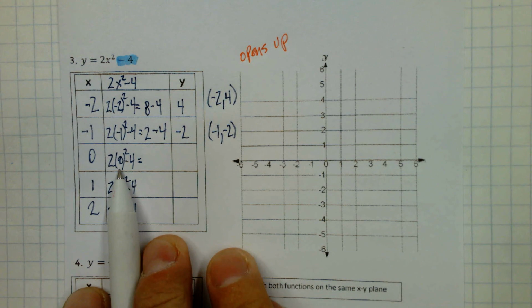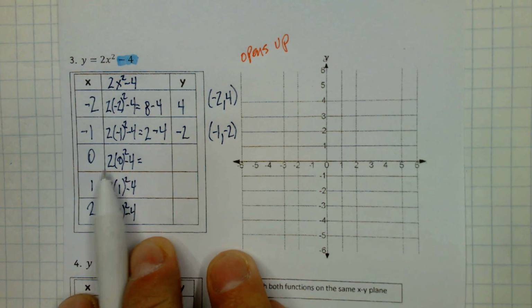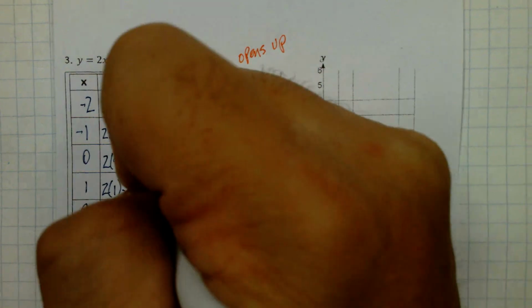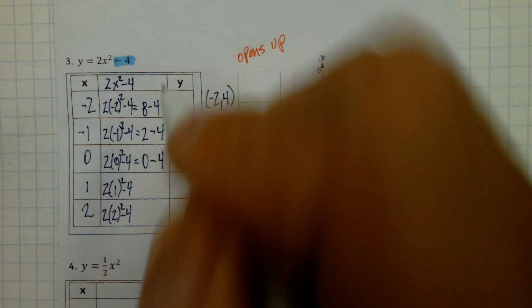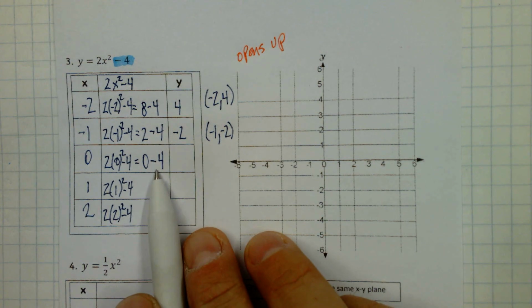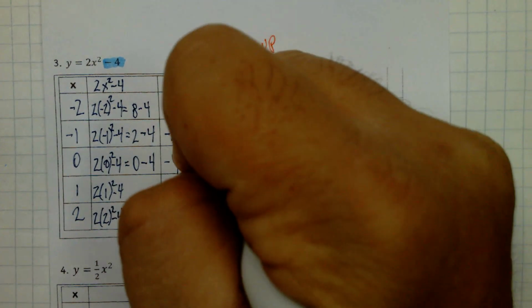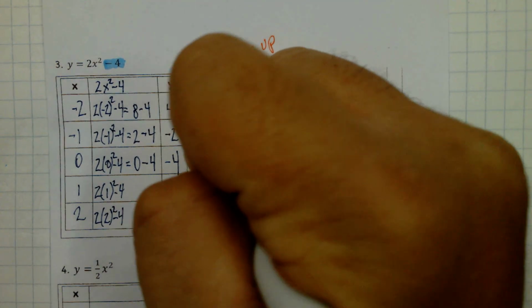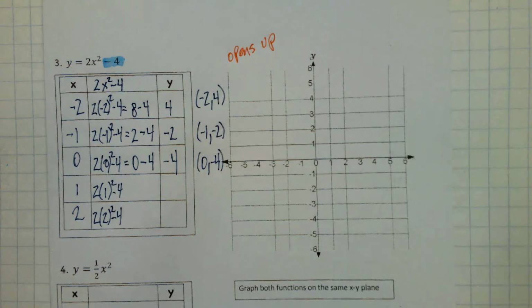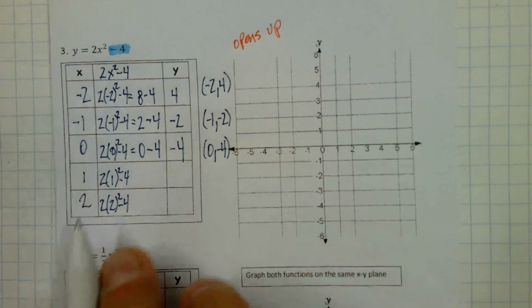Let's do this one. We've got 0. Squaring it is 0 times 0, so it's 0. Then 0 times 2 is 0. And then we still have to subtract 4. So 0 take away 4. How much is that? Negative 4. You get 0, negative 4. That's that shift down. So now let's do this one.